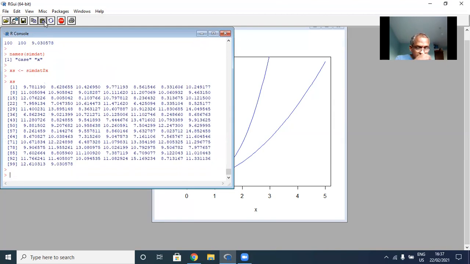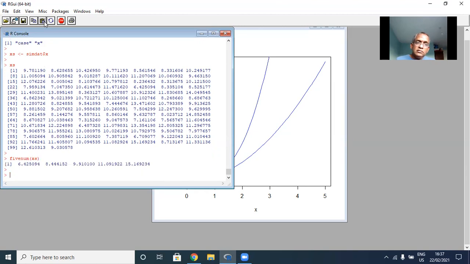And the question is to find the summary statistics. So for example, if you type fivenum of xs, right? So this is the minimum, the first one is the minimum, the second is the first quartile, the median, the third quartile, and the maximum.